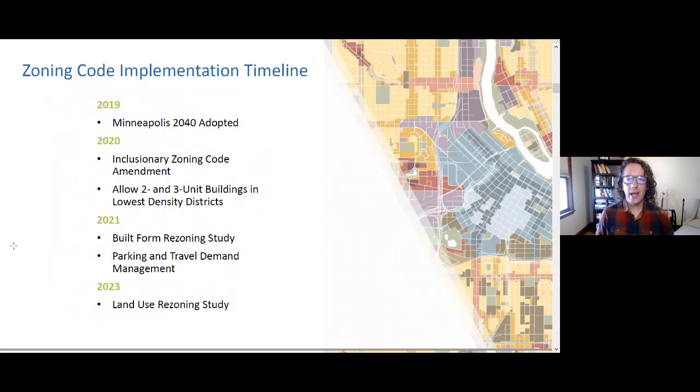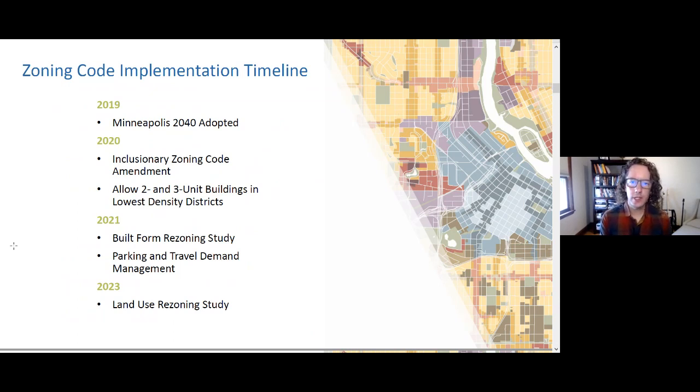We want to remind everyone that this final step of this project, the land use rezoning study, created this consistency between our regulations and Minneapolis 2040. There are a number of previous steps that were important that also eliminated conflicts, and that has already been impacting our work and your work over the past several years.